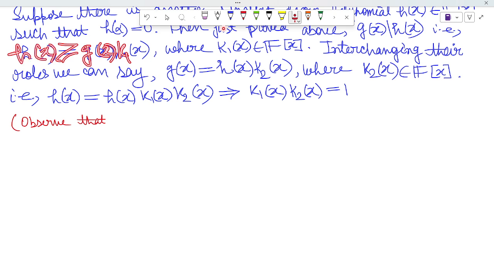So degree of g plus degree of this polynomial equals degree of h.